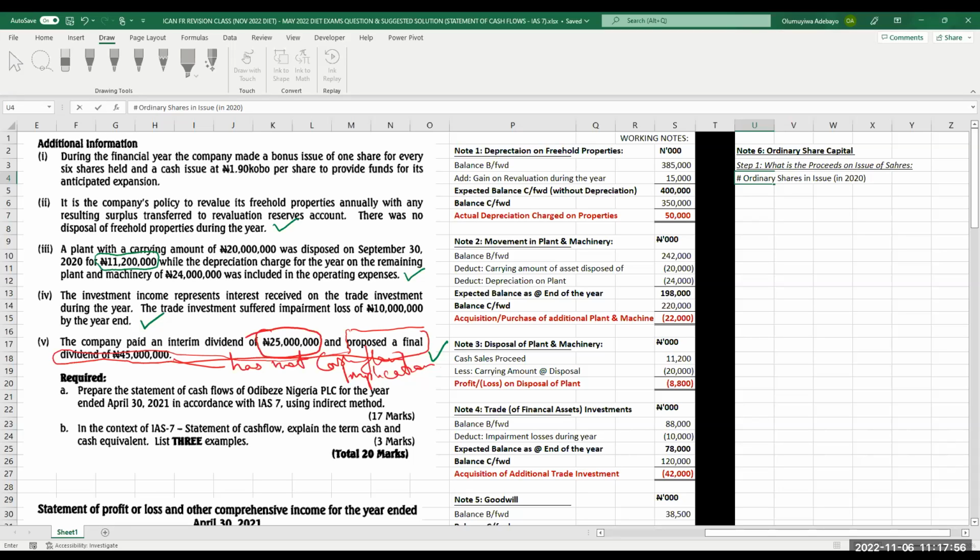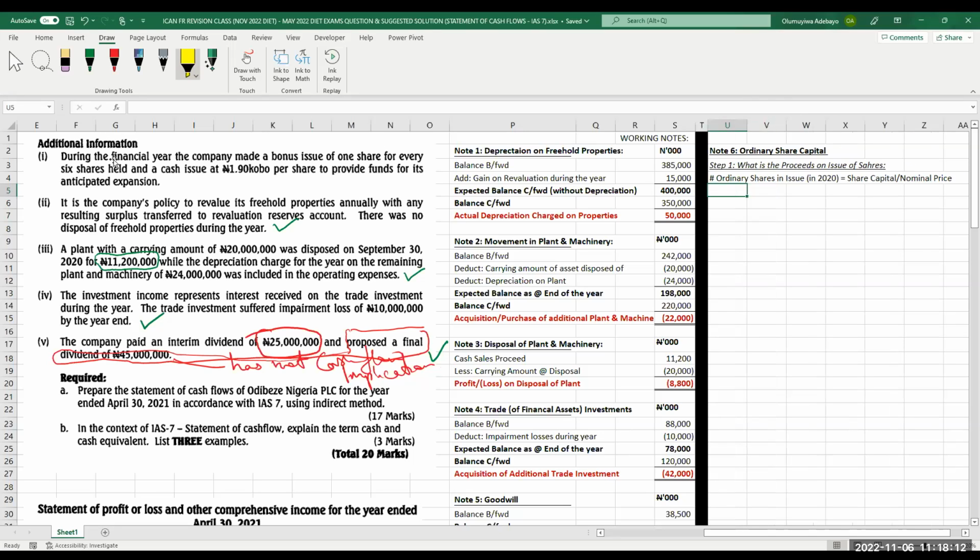Recall, that will have been the share capital divided by the nominal price. Okay. Therefore, what is that? The share capital is 72 million. The nominal price is £1.20 per share.